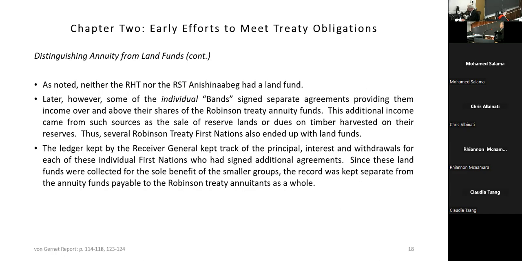And of course, you need an extra line now on the ledger because you can't include that under the Ojibwas of Lake Huron or Lake Superior. I had to add another line to show that one First Nation within that group received extra funds from other sources.